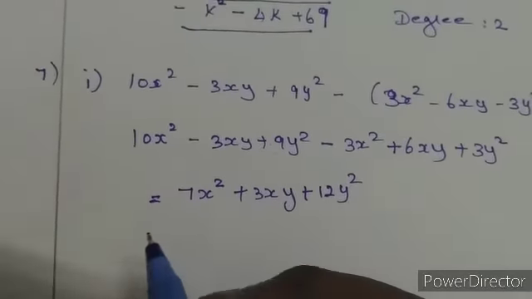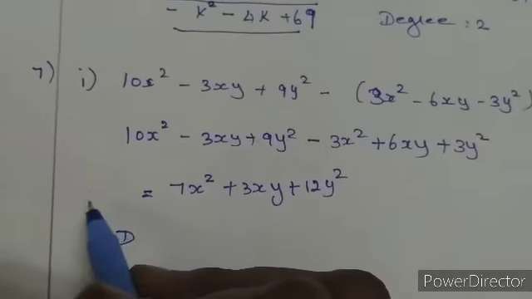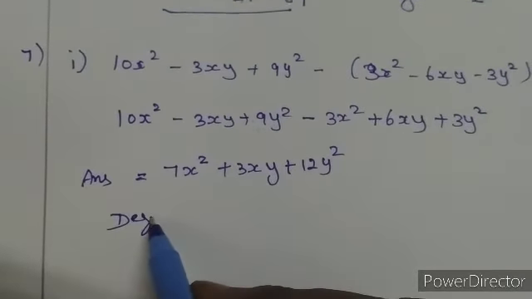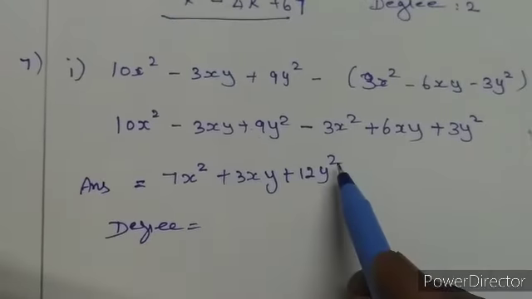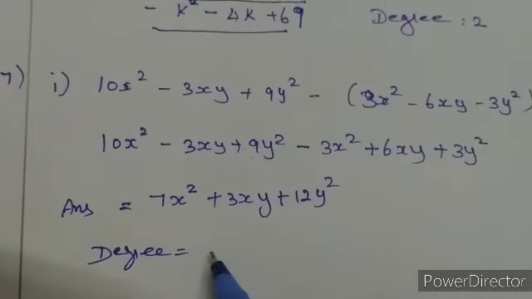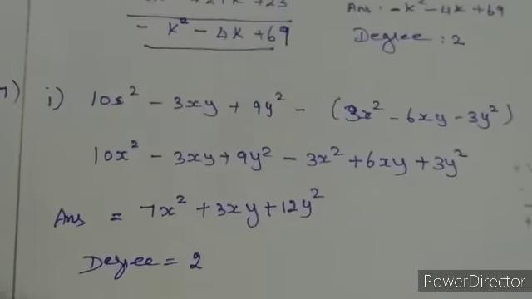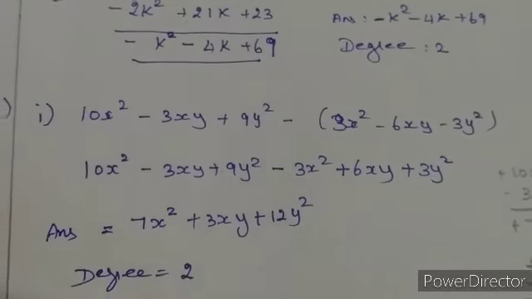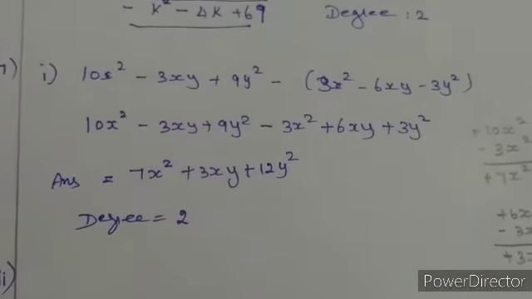Now, here also you should find the degree, that is the highest power. Here it is 2. So your degree is 2. Let's try subdivision 2. What is given in the book?